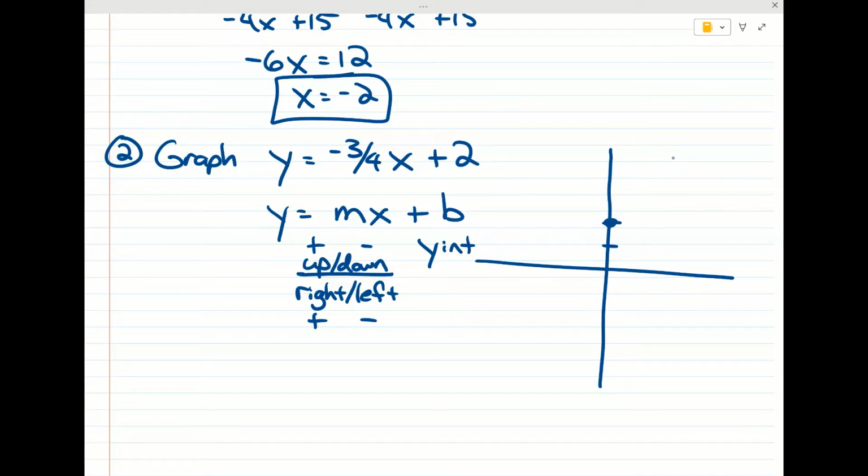And then if we have negative 3/4, that means that we're going to go down 3 and to the right 4. So down 1, 2, 3, to the right 1, 2, 3, 4. And then we just connect our points to get a line. Remember, a line is made up of 2 points. You just need 2 points in order to get a line.